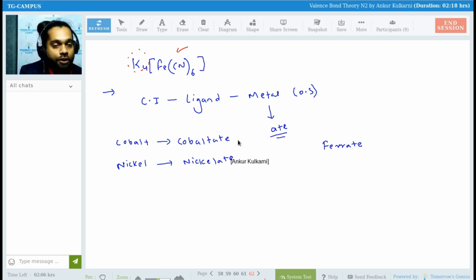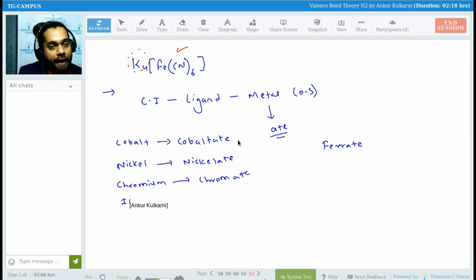Chromium will become chromate. Iron will be ferrate.